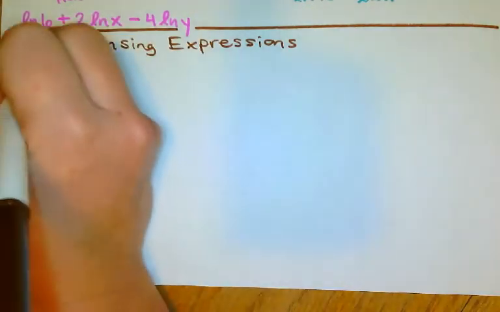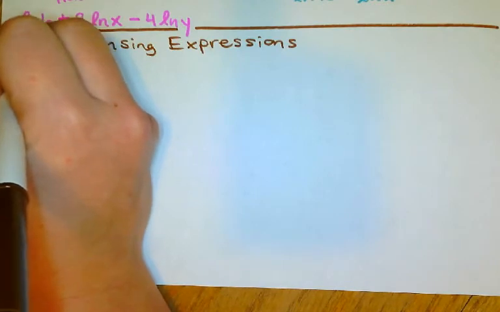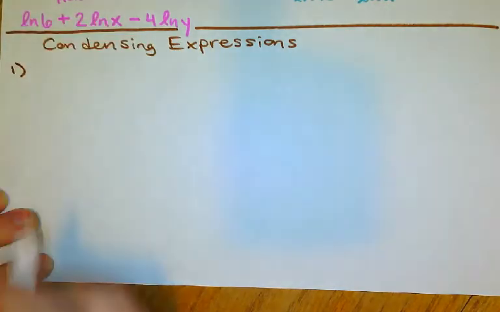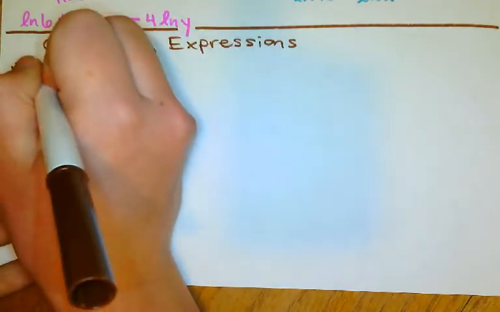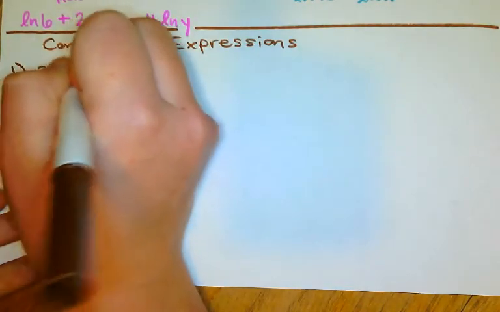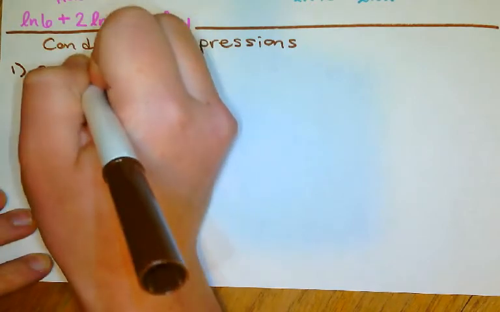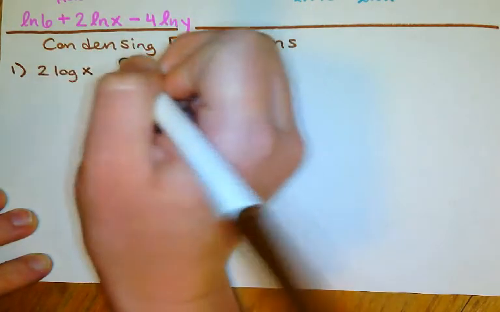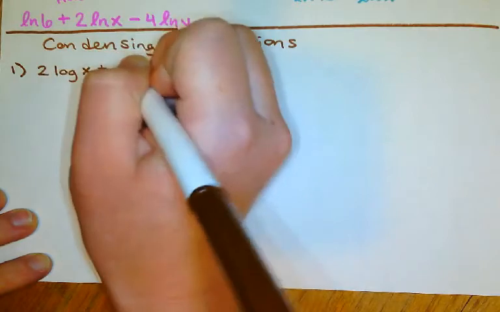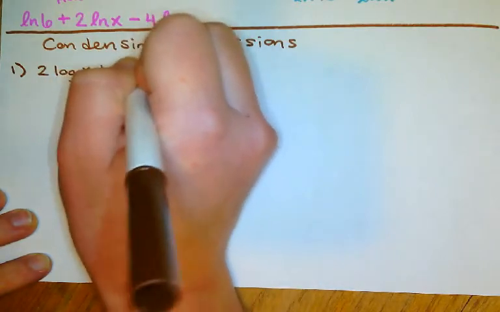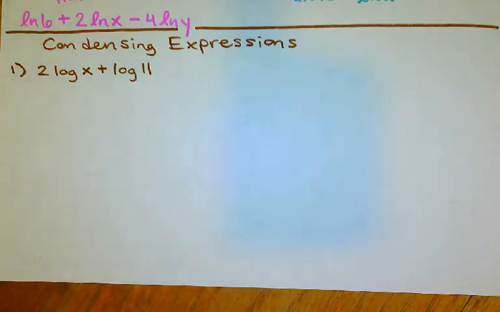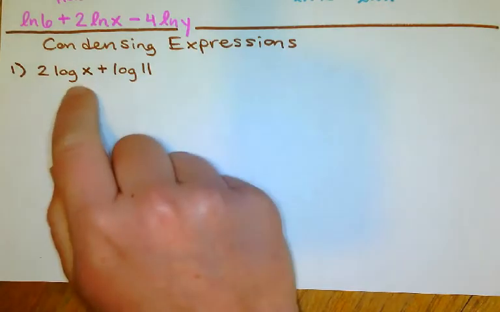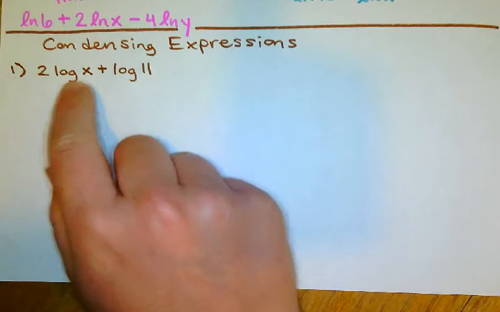So with example 1, we're going to have 2 log x plus log 11. You might notice here that there is no number in the base.